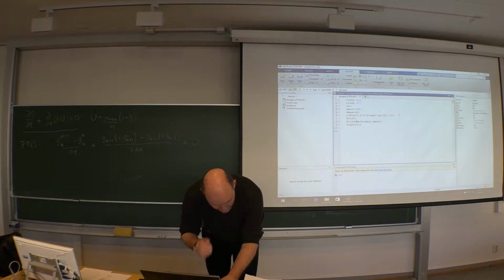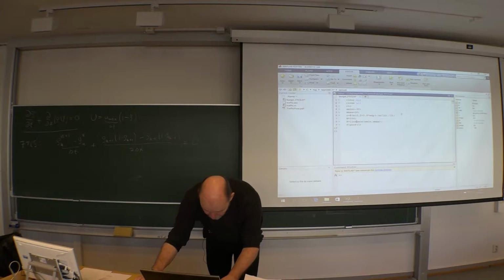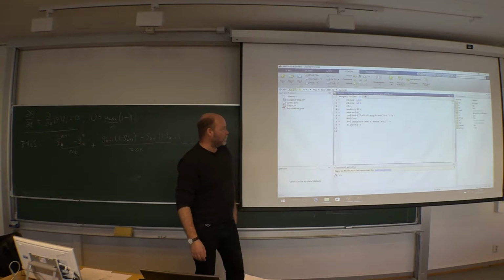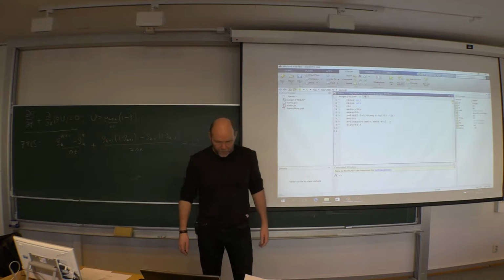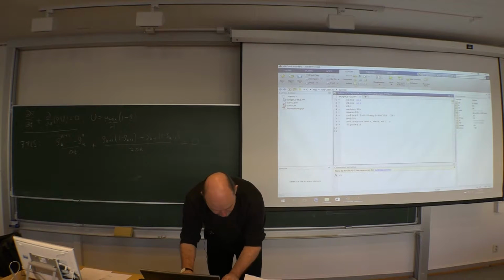So then my x here would now be 100. Actually, I think the default for linspace is 100, so you didn't have to write it there, but let's do it anyway, just to be safe. And then rho, sort of initial rho, would now be this function of this x distribution.